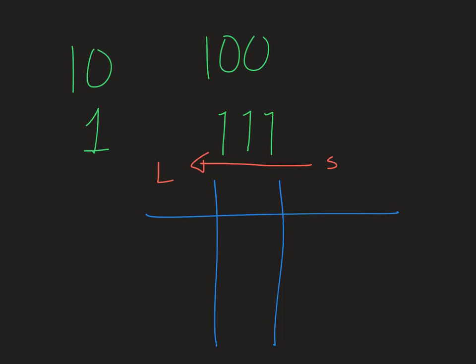So, the smallest value would be the ones place, and we only have 3 spaces because there are 3 numbers here. The smallest value being the ones place, this central value being the tens place, and this value on the left being the hundreds.